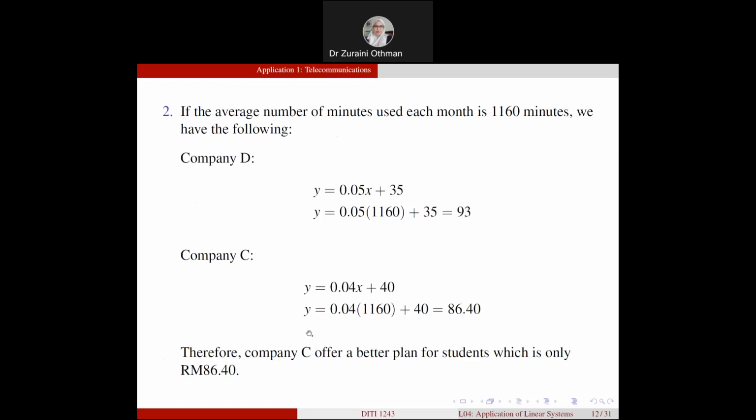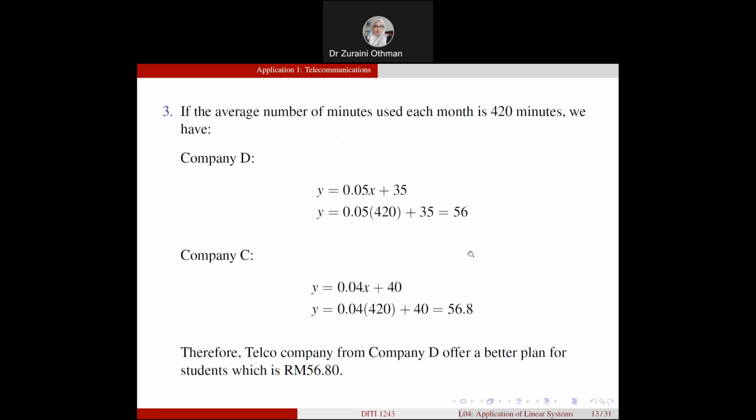And for company C, if we replace the number of minutes 1160 dekat tempat x, we obtain RM86.40. Jadi dekat situ kita tahu bahawa therefore company C offers a better plan for students, which is only RM86.40. Okay, jadi kita boleh compare which company yang offer better plan.